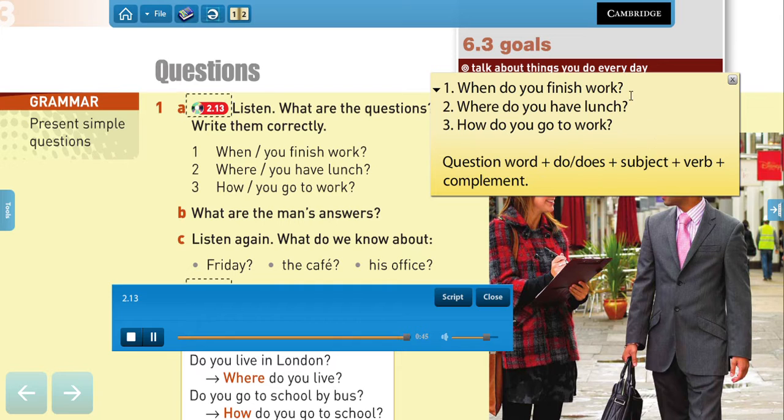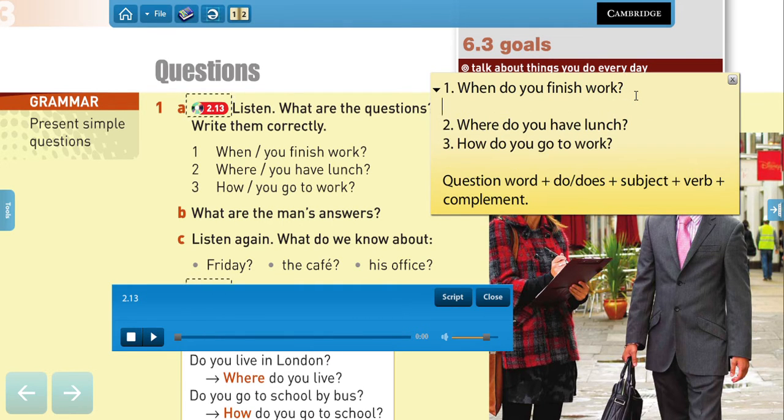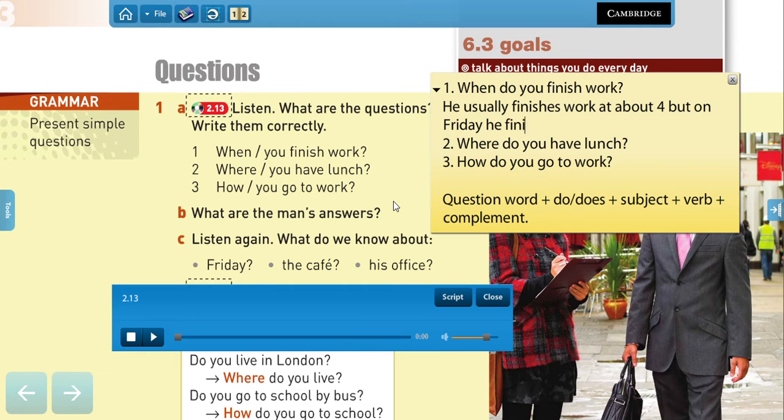Okay, so when does the man finish work? So we say he usually finishes work at about 4. Remember that we say he finishes. But what happens on Friday? He says, but on Friday he finishes work at about 1 or 2.